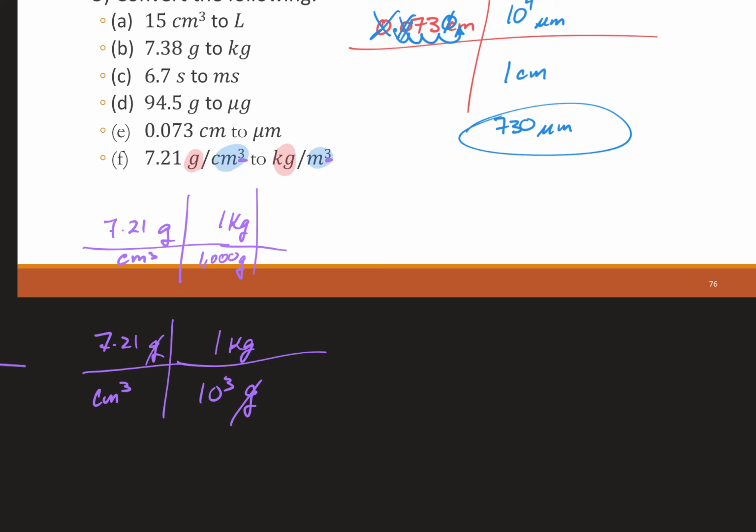Then we have to do cubic centimeters to cubic meters. Well, again, 100 centimeters is 1 meter. If I put in 100 centimeters per meter, well, that actually is only going to cancel this out to make it square centimeters. So you need to do it a 3rd time.